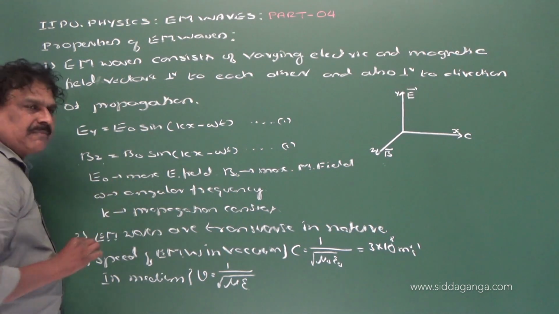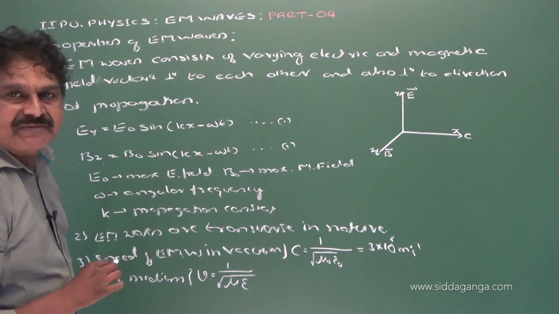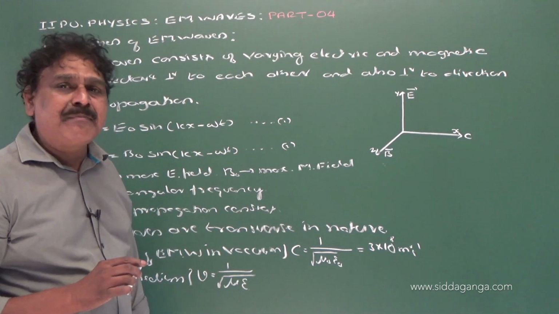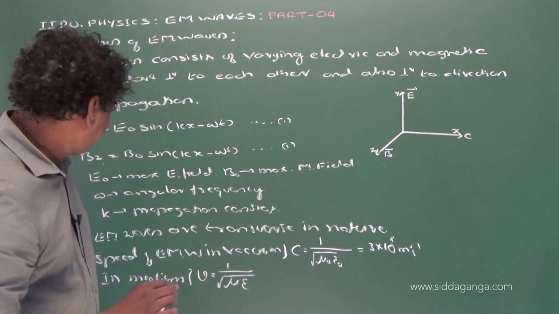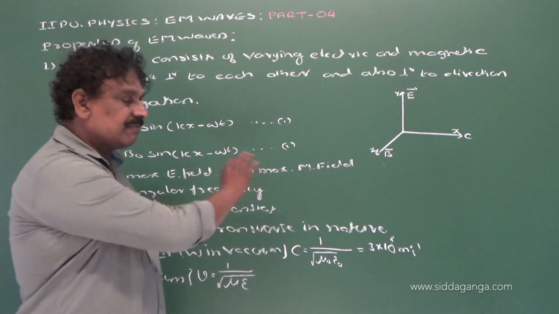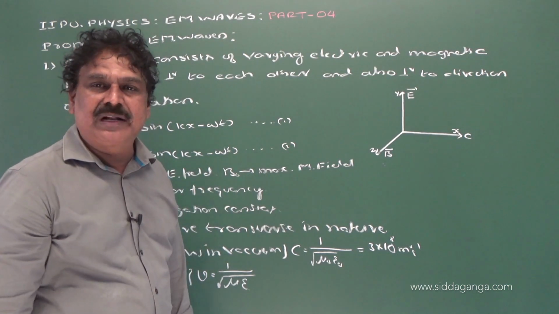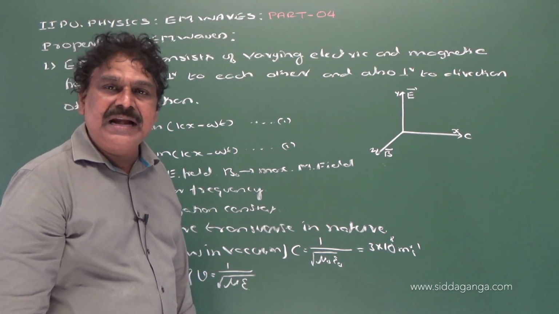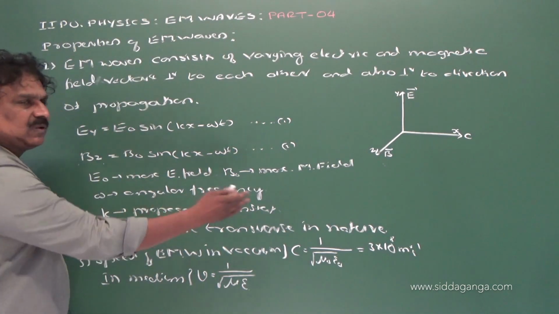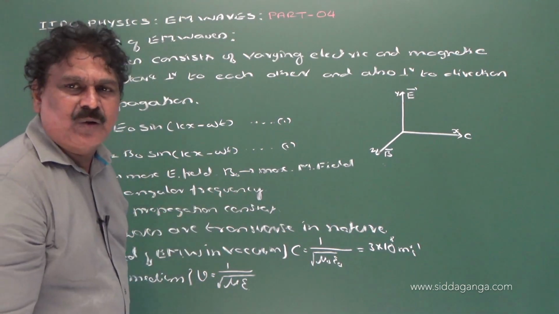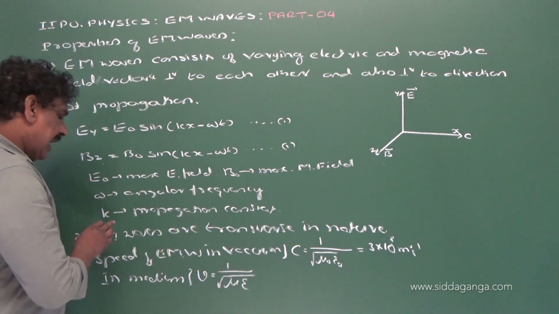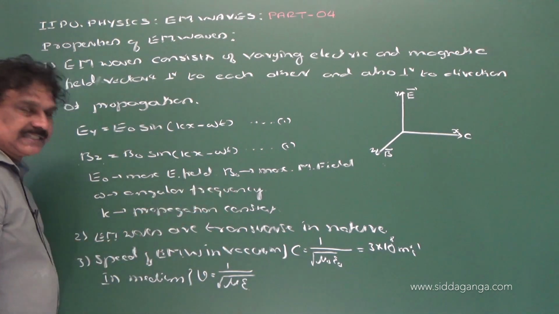Here E naught is the maximum value or peak value of the electric field, also called the amplitude of the electric field. Similarly, B naught is the maximum value or peak value of the magnetic field, also called the amplitude of the magnetic field. Here omega is the angular frequency, we know omega equals 2 pi f, or 2 pi by lambda, and k is the propagation constant.